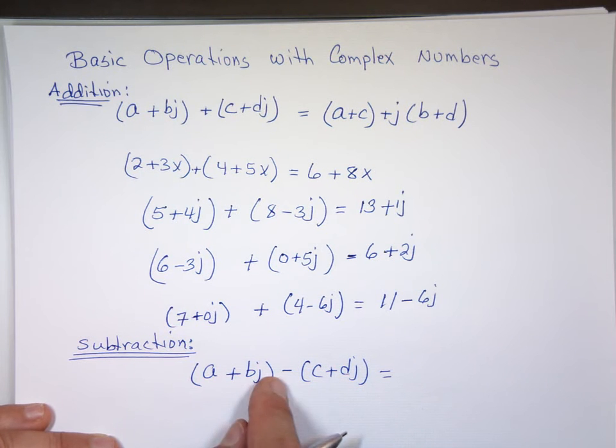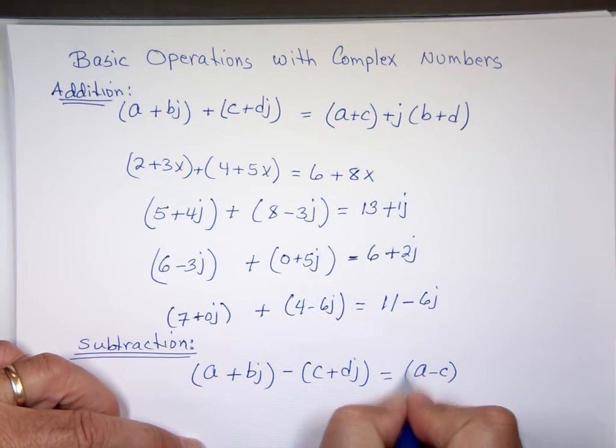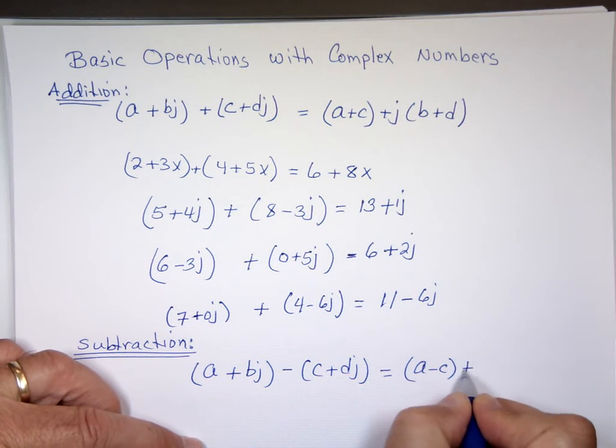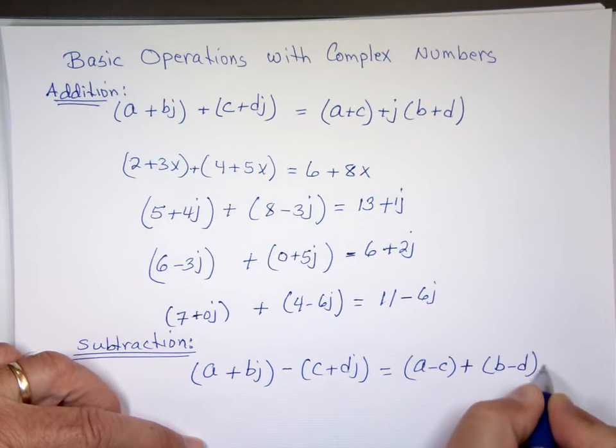A minus c, and the imaginary portion should be what? B minus d, and you put the j either in the front or at the end.